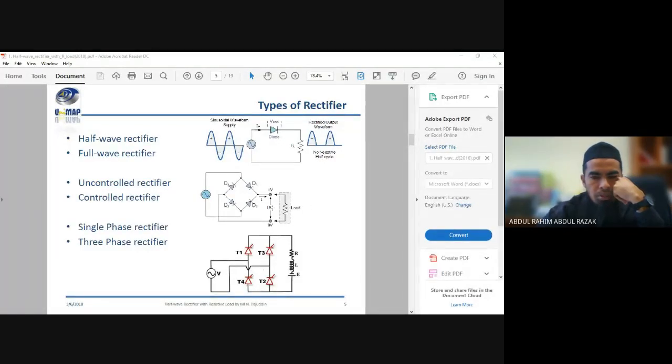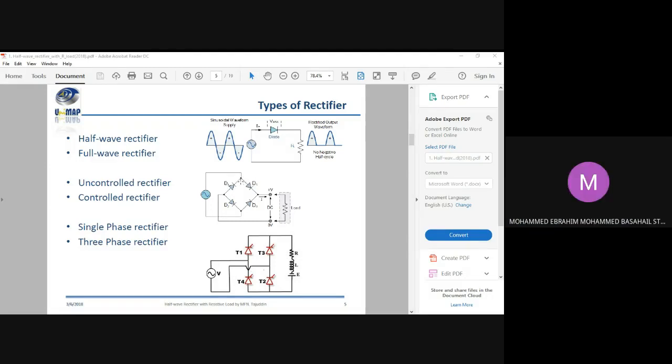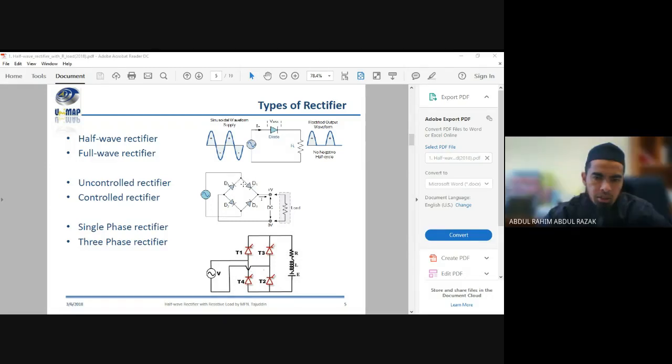So what I drew just now is this kind of circuit, just that it is drawn over here in a diamond kind of drawing. You can see. This is a bridge, right?